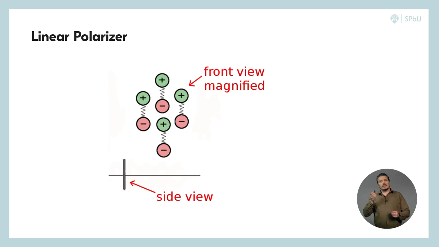The thing I'm holding in my hand is called the linear polarizer. It is made of a thin slice of a crystal which has a very peculiar organization on the molecular level. Molecules of this crystal form dipoles, which are all aligned along the same axis or direction.